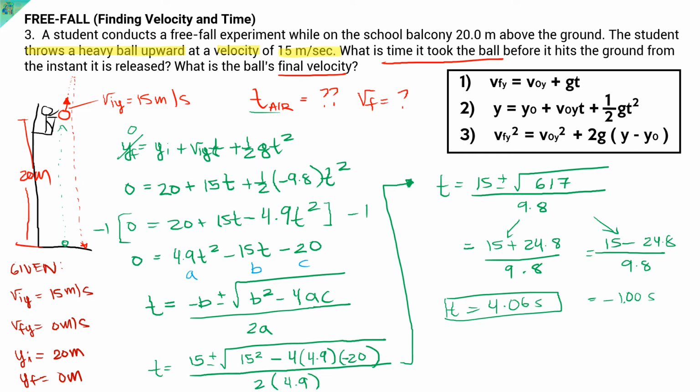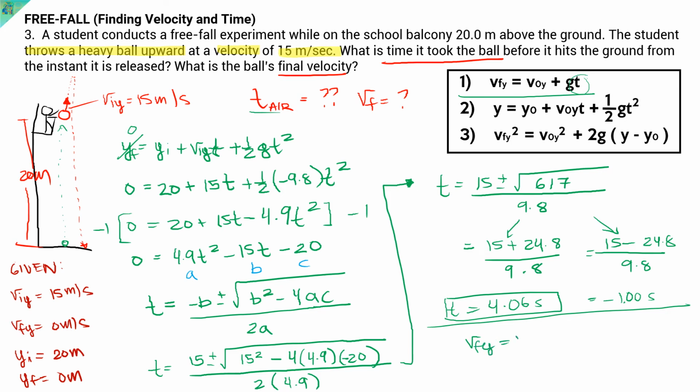Now, we'll try to search for the final velocity. If you look at here, it will be easier for us since we already have our time, or time in the air. And we are to use the first formula here, since it's searching for the final velocity. Let's write it down.